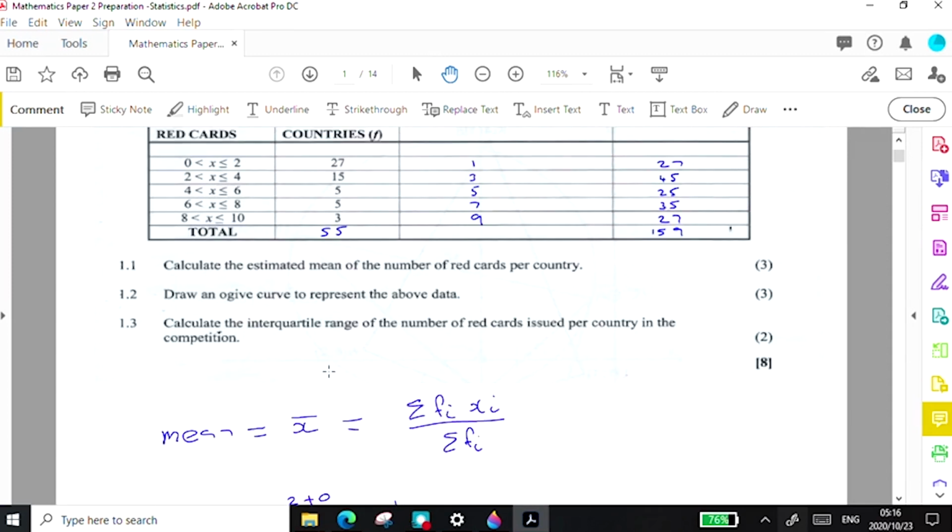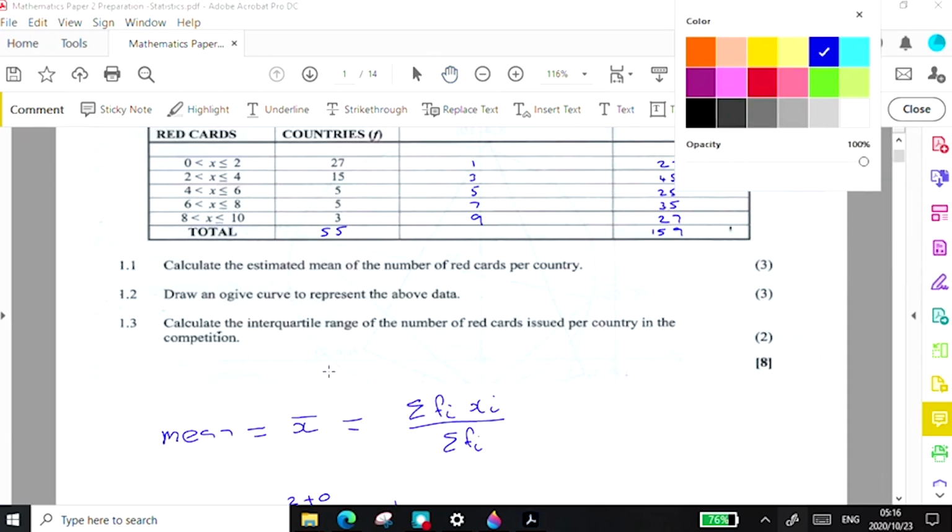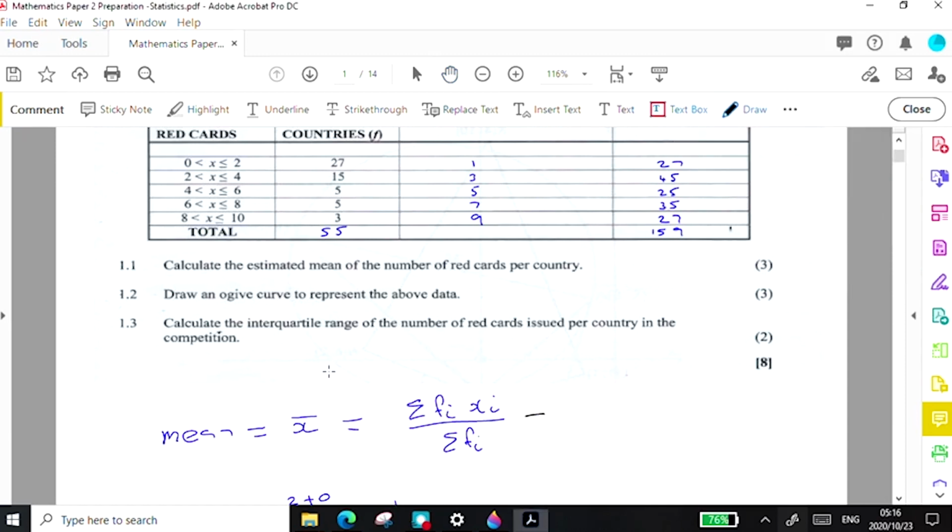So the mean in our case would be equal to the sum of all the fi times xi, which is 159, divided by the total number of red cards, which is 55.